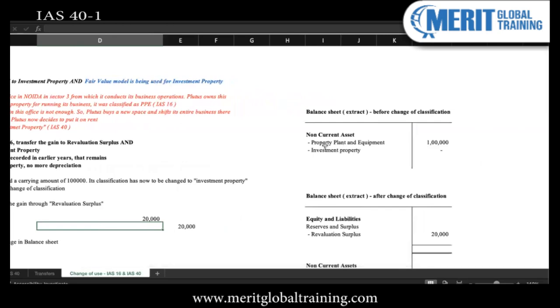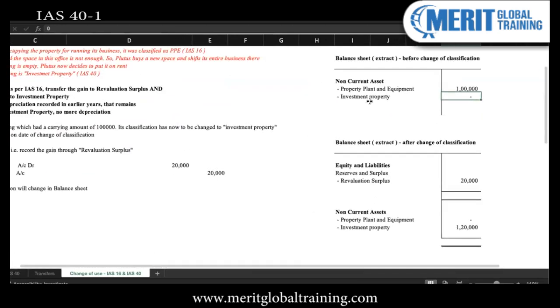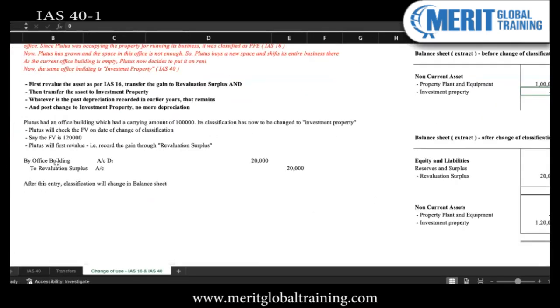Before the change of classification, property, plant and equipment was 1 lakh, investment property was 0. After the classification underwent a change, first of all, you recorded an accounting entry for revaluation, which went somewhat like office building account debit to revaluation surplus.